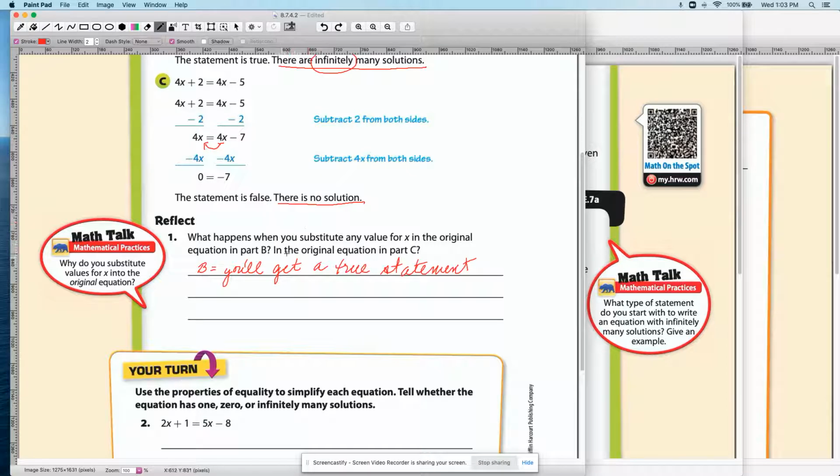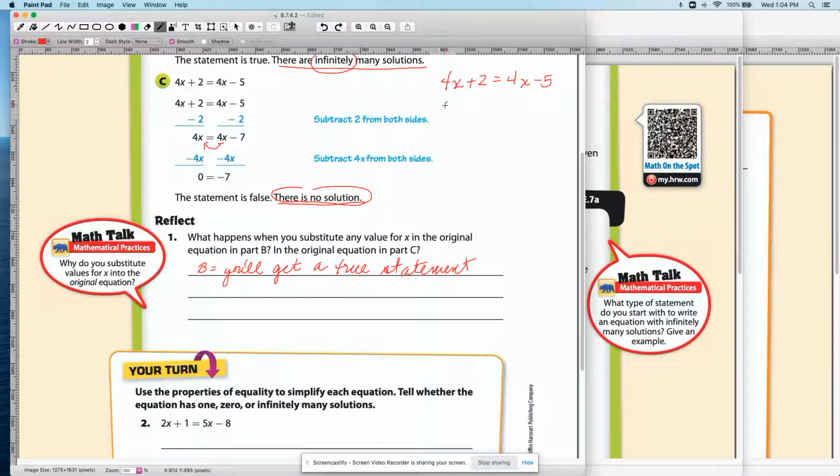And then the next part of the question says, in the original equation in part C, what happens when you plug in any number? Well, remember, there is no solution. So it doesn't matter what number you plug into part C, you are not going to get the proper answer. And you can test it. Let's test it by plugging in 0. I've got 4x plus 2 on this side equals 4x minus 5 on this side.